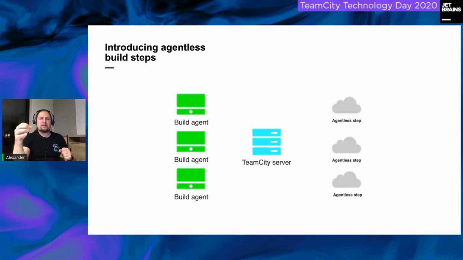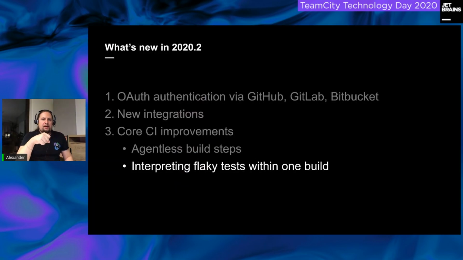And if you're using the enterprise version of TeamCity, say with 10 agent licenses, then you can simultaneously run 10 builds on 10 agents. And in addition to that, run 10 agentless build steps. So the number of agentless build steps equals the number of agent licenses. That's it for agentless builds.